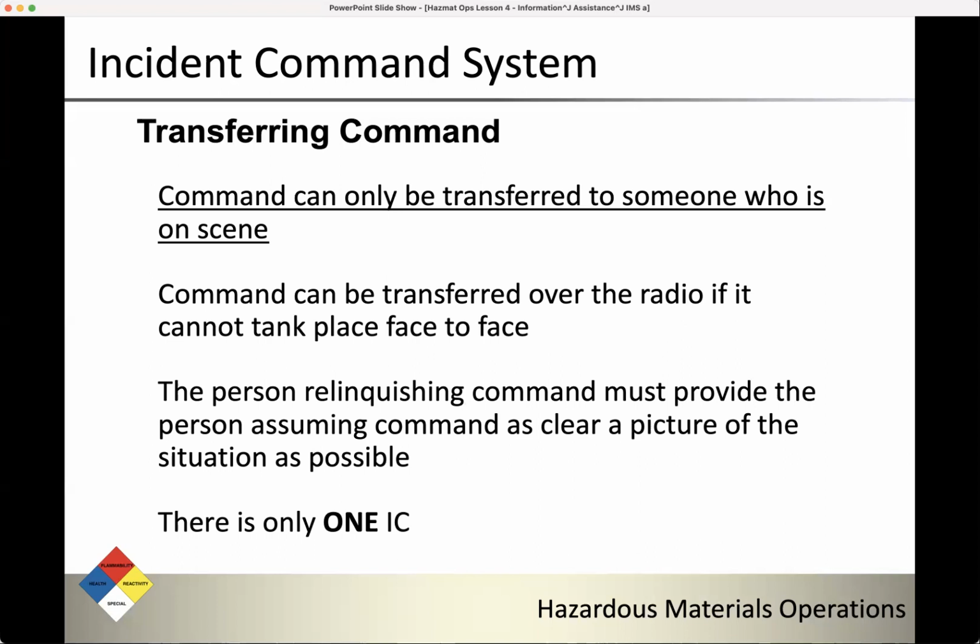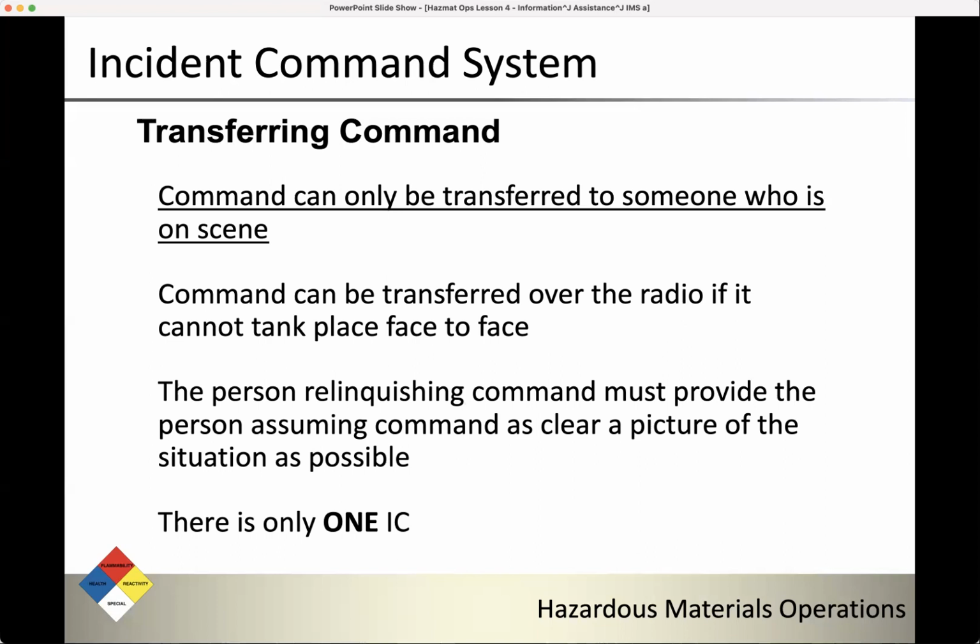That way we can hopefully clear up any miscommunication using our nonverbal communication. If you cannot meet face to face, you can transfer command over the radio, but they do need to be on scene.